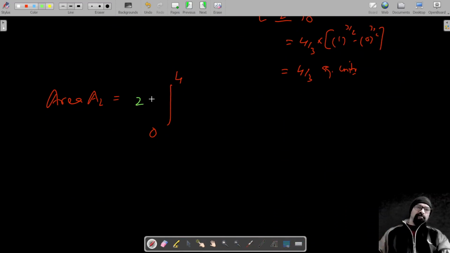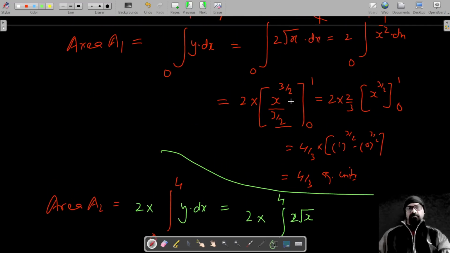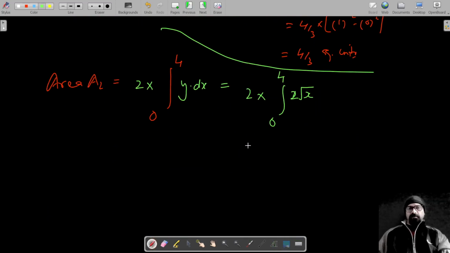So this is equal to 2 times integral 0 to 4, and here we will use the same y into dx. So this is equal to 2 into limits 0 to 4, y is 2 root x, and now 2 into 2 is out.